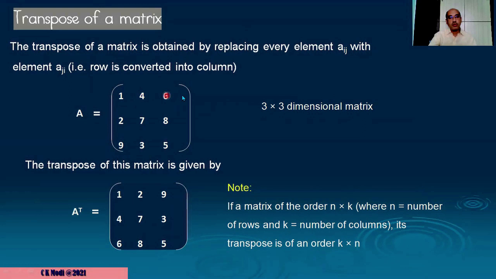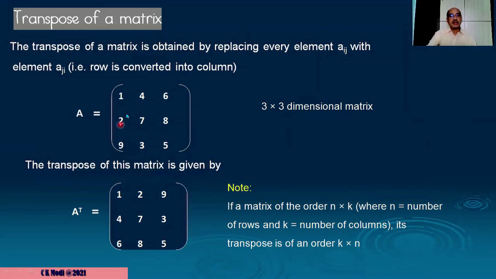After performing the transpose of a matrix, rows are converted into columns and columns are converted into rows. Look at this: 146, 278 and 935 now become columns.